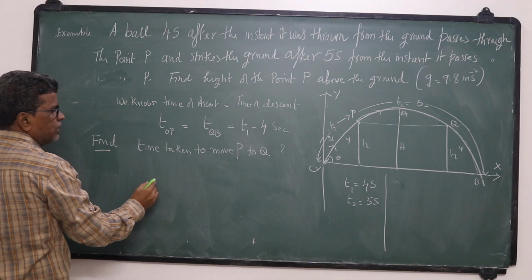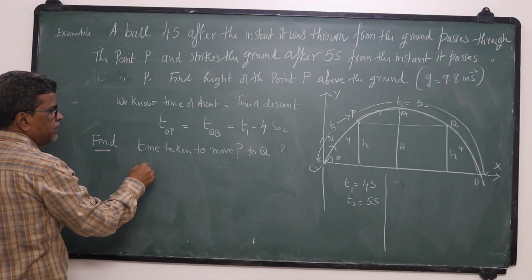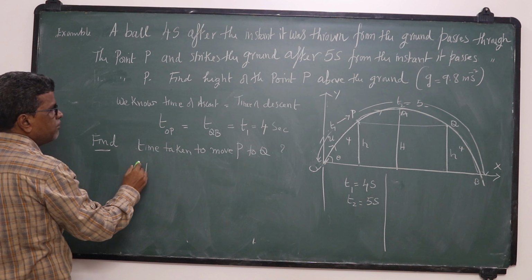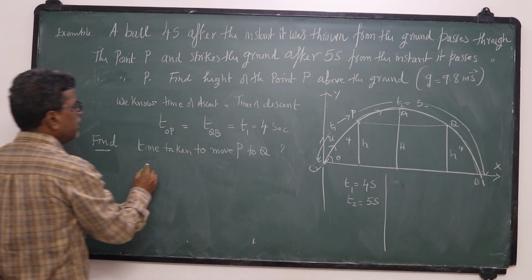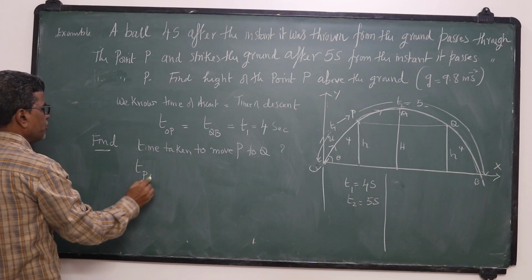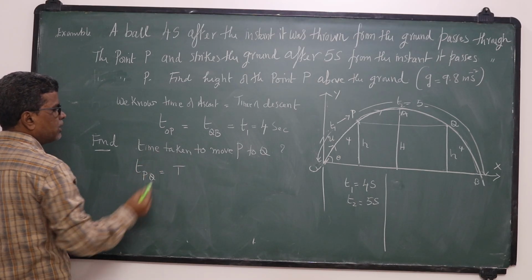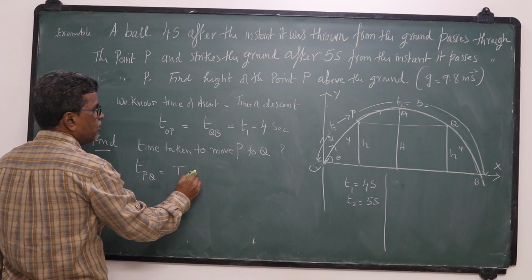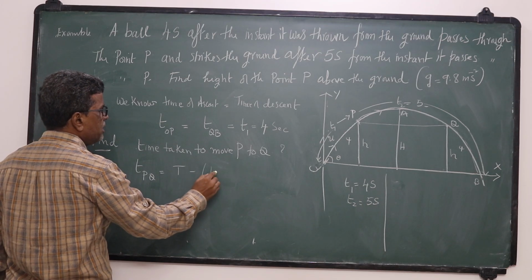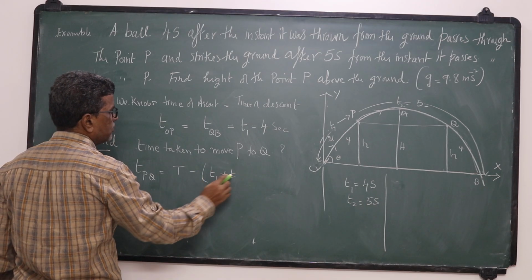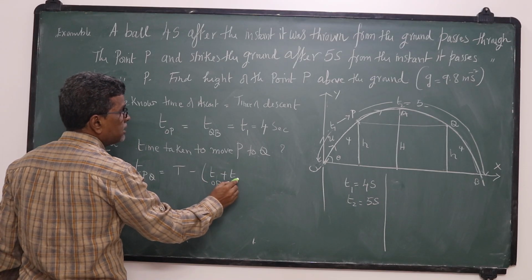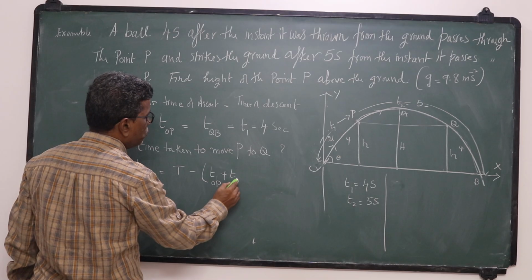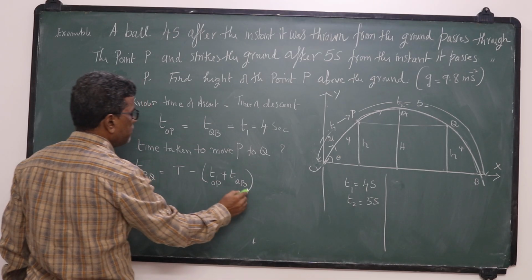How much? You subtract from the total time of flight. The time taken to move P to Q is the total time of flight T minus T1 plus T1, that is the time taken to go O to P plus the time taken to go Q to B. You subtract this time.